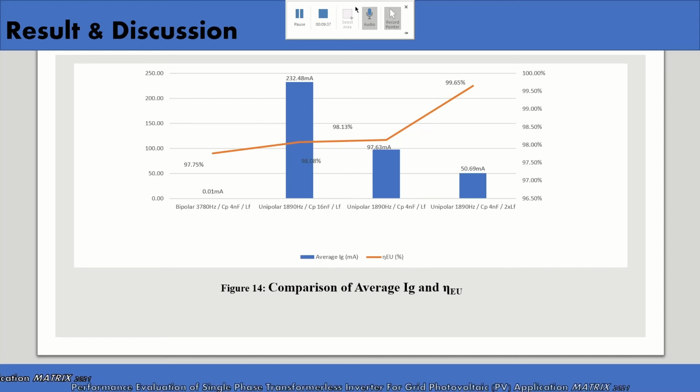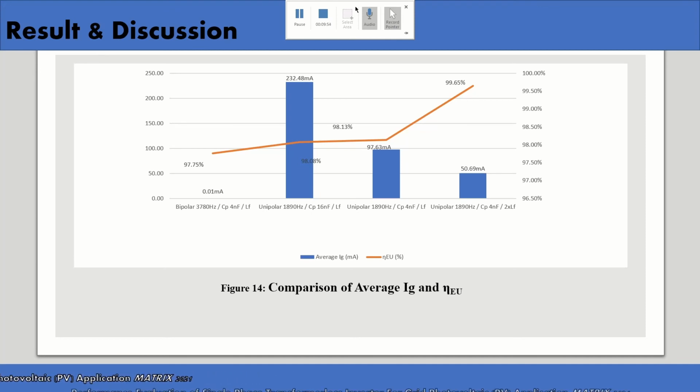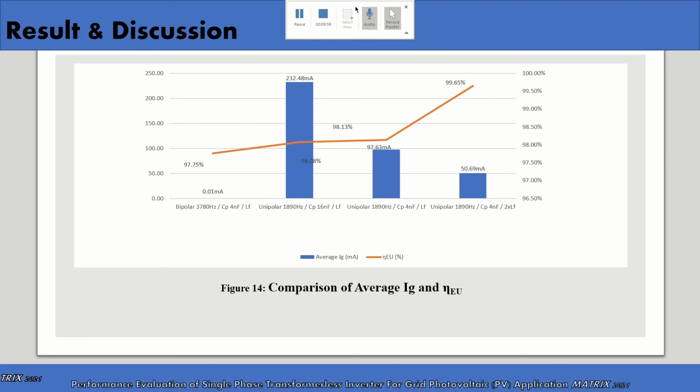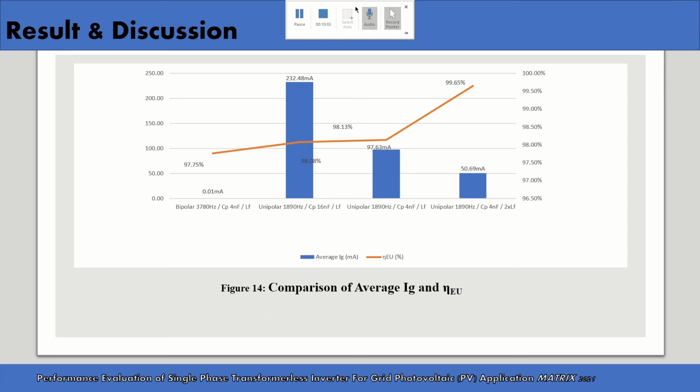This shows the efficiency increase is insignificant on unipolar PWM with decreasing parasitic capacitor value, but the significance of the parasitic capacitance factor to the leakage current needs to be considered seriously in designing the unipolar PWM transformerless inverter.